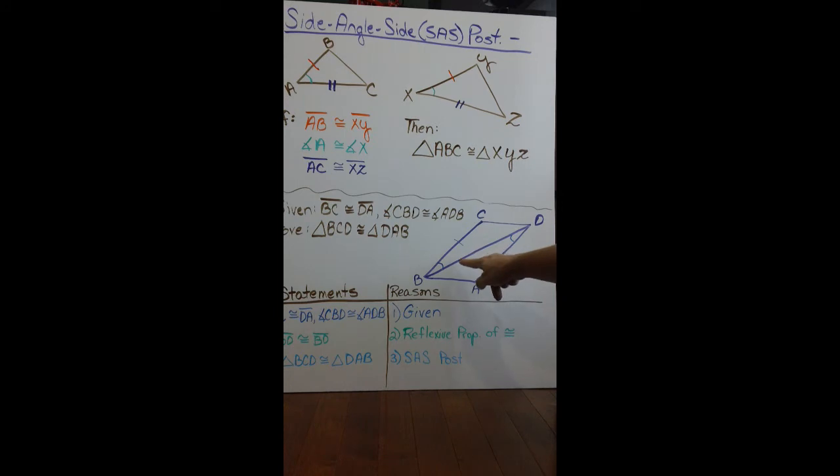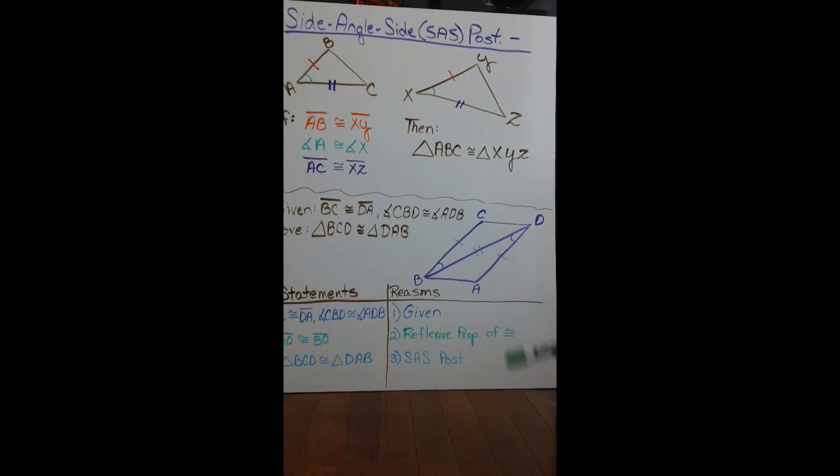This shared side is in both triangles, so we can say that side BD is congruent to side BD by the reflexive property of congruency. So let's go ahead and mark that as well. Side BD is congruent to side BD.